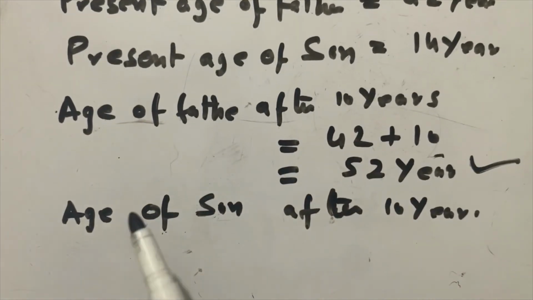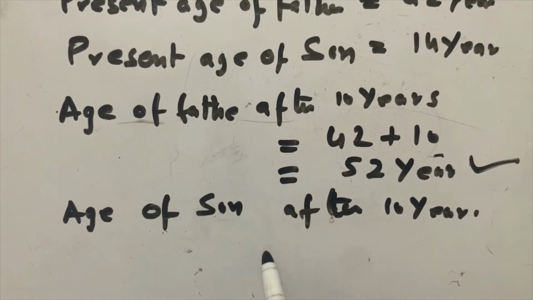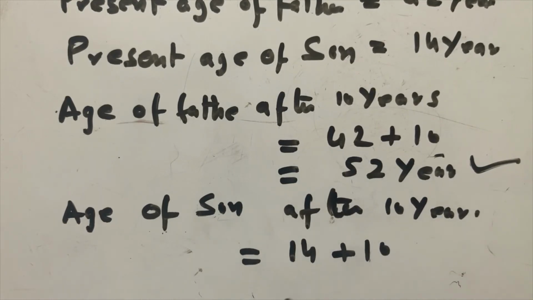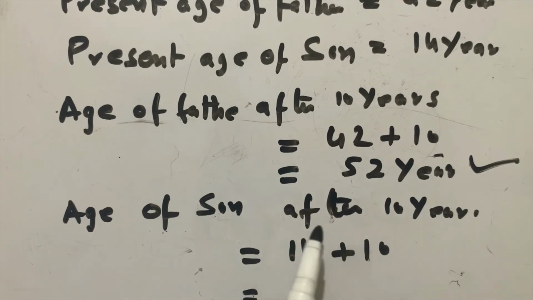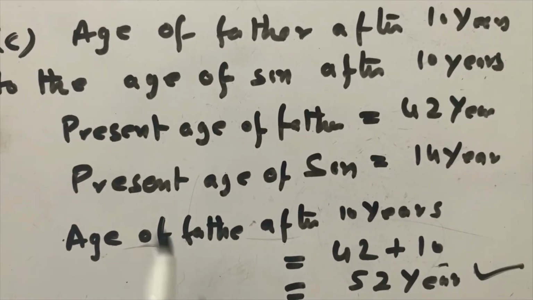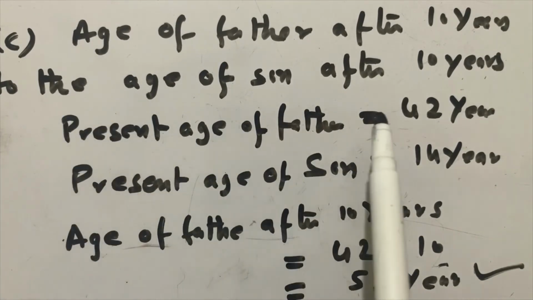Now age of son after 10 years. Present age is 14 years, plus we will add 10 to the age of son. Present son's age is 14 years, and what would it be after 10 years? 14 plus 10, 24 years. Now we have to find the age of father after 10 years to the age of son after 10 years.